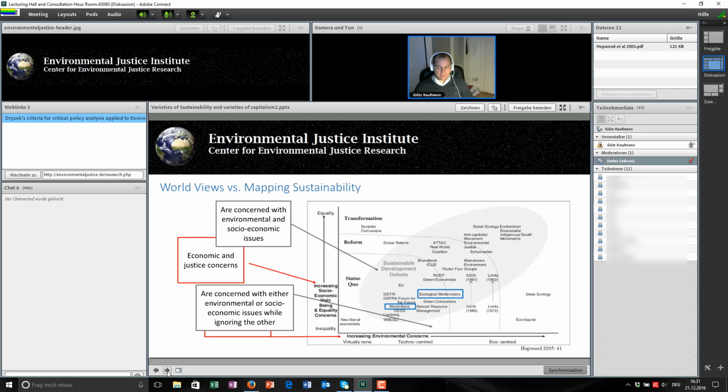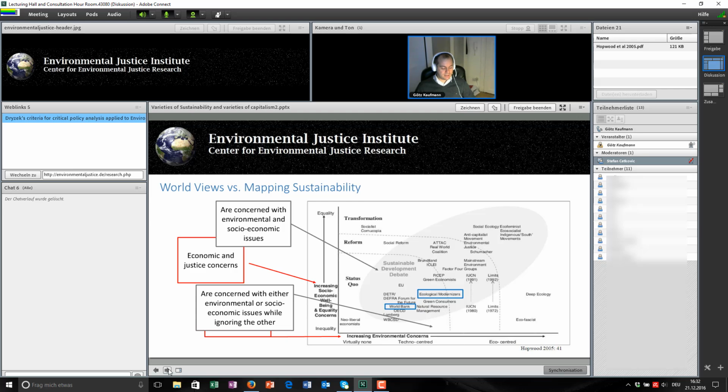It refers to a specific idea of incentives to the market in order to bring forward the idea of sustainability and make it part of the political agenda. Ecological modernization is also very prominent in Germany, at the Environmental Policy Research Center in Berlin.